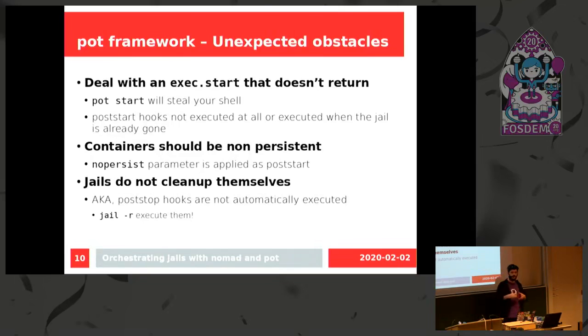What usually happens when you call jail -R, that is the jail stop, is that the command executes those hooks: I have to stop this jail, so I run the hooks, I stop the jail, and then I run the other hooks. But if it's not persistent, the jail will just vanish.